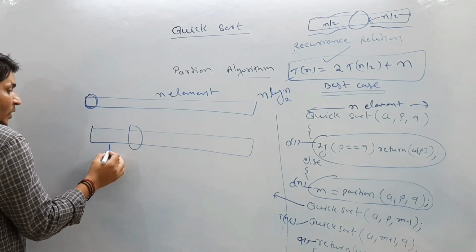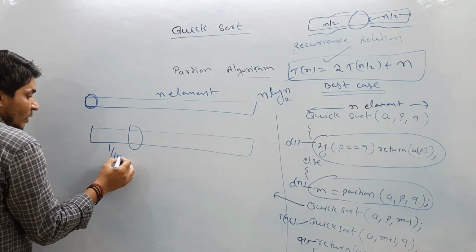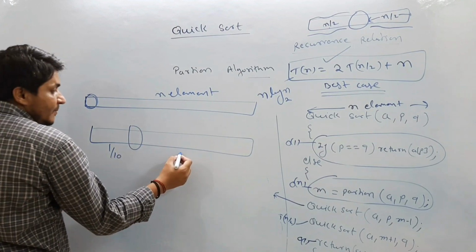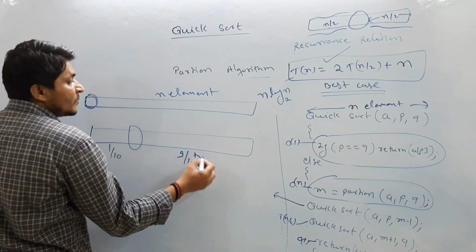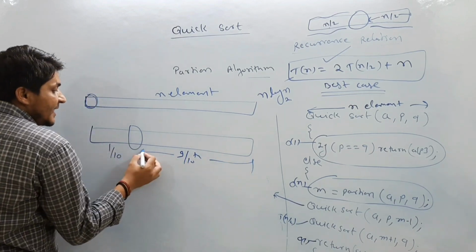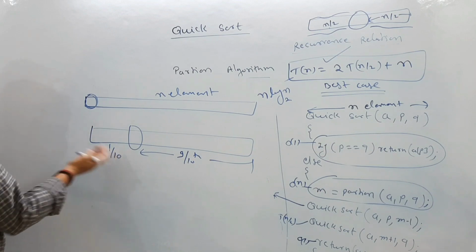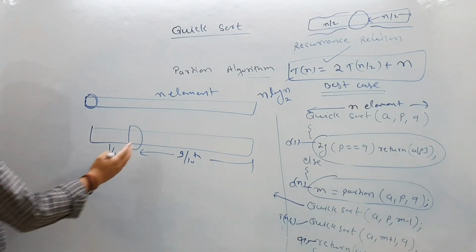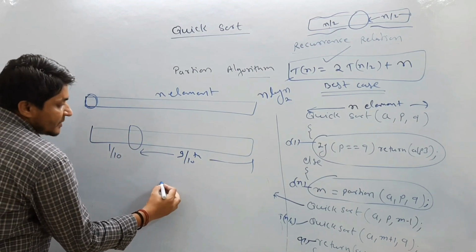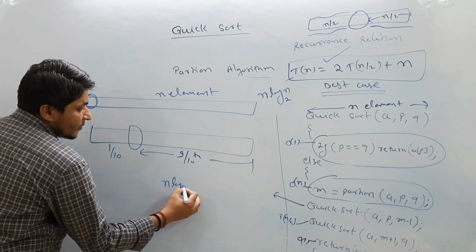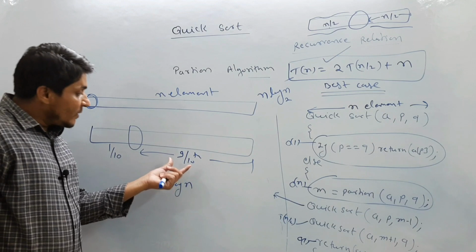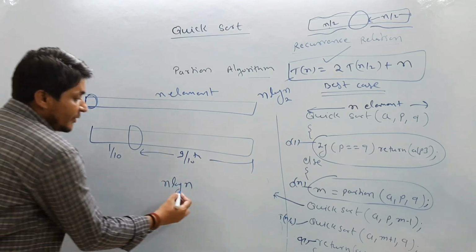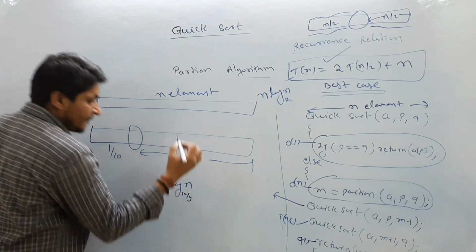This side 1/10 of the elements are available, and this side 9/10 of the elements are available. What is the meaning? 90% of the elements are available on this side and 10% on this side. Because it is dividing into two parts, the time complexity is going to be n log n. But this part is greater, so what could the base be? In this case it is going to be 10 by 9.